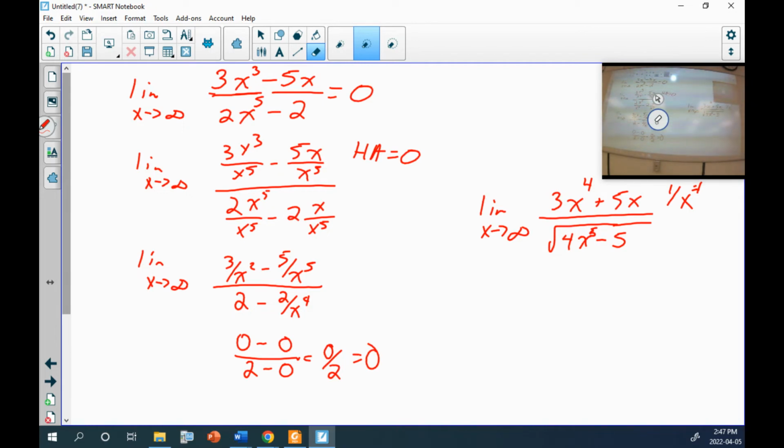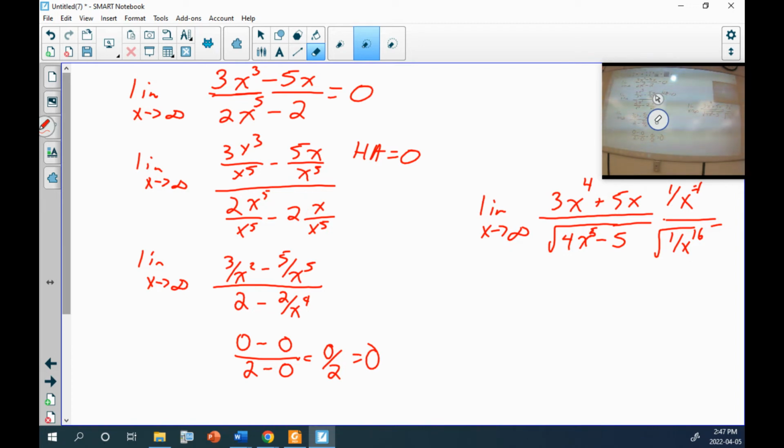So I'm going to multiply this guy by 1 over x to the 16, which is the same as 1 over x to the 4th, and the square root of 1 over x to the 16. Are they the same?